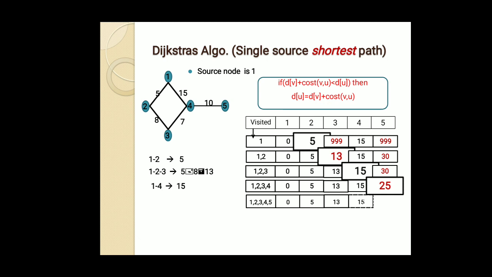We have come up with, say, for node 3 and 5, from infinity to 13 and 25. So isn't that a minimization problem? Yes, obviously. So we have used a greedy technique with respect to finding the single source shortest path.